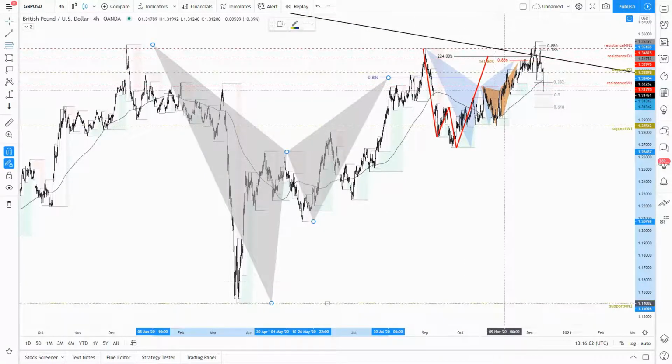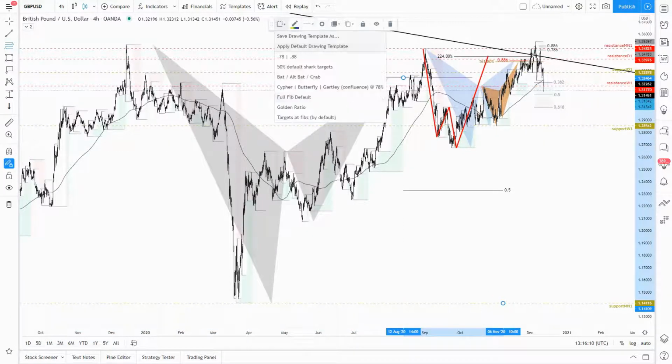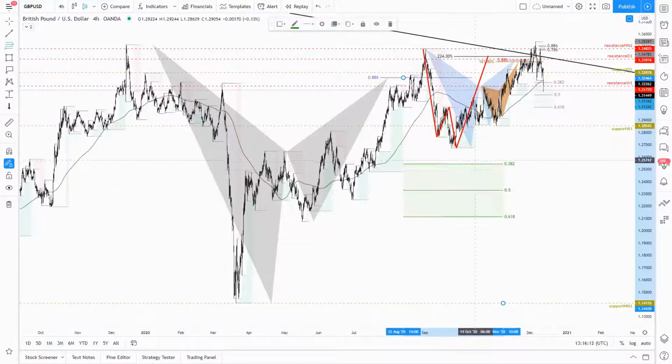Initial targets already achieved. So if you draw a Fibonacci retracement here, your entry points, default targets, initial targets, threatening the starting point of the pattern there, new high above your entry.